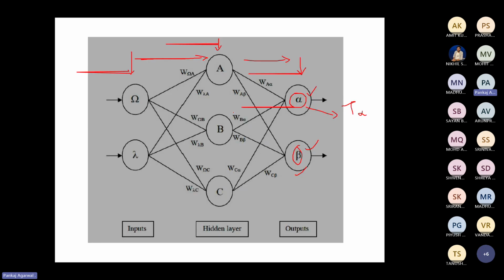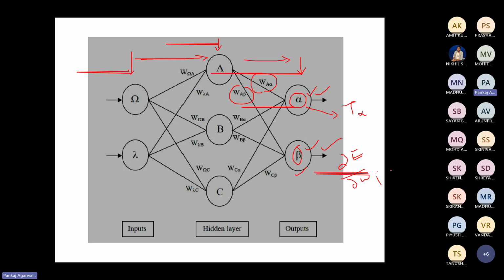The second thing I told you is, once I have calculated the error here and here, I would use this error in some way to update these weights. Obviously, these weights would be updated using gradient descent. In a way, what is the error and what is the rate of change with respect to Wi? I would be using this concept.